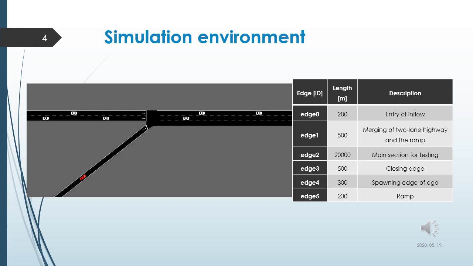Edge 1 was the merging section of Ego, which was coming from the ramp, and from there, the highway was 3 lanes wide. Edge 2 was a 20-kilometer long straight section, which was the main section of the measurement. Ego was placed randomly on Edge 4, which was a parallel road section with Edge 0.